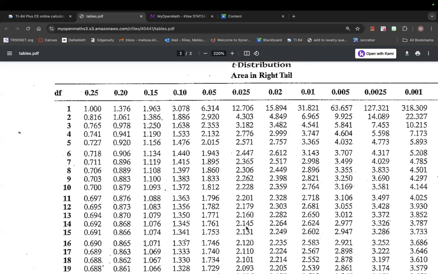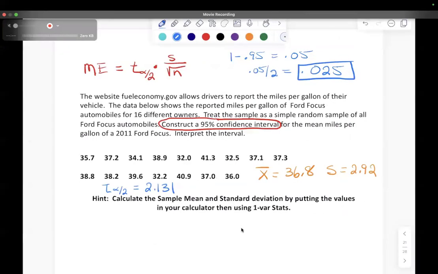Did everybody see where that value is, the 2.131, and how we got that? Good. All right. So now all I'm doing is taking this formula to find the margin of error. The s is that 2.92, and the t sub alpha divided by 2 is the 2.131.